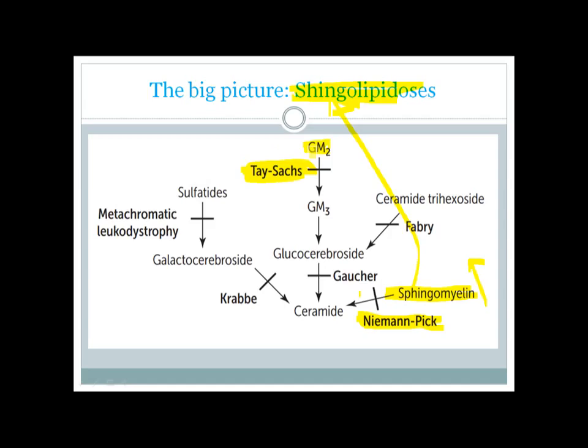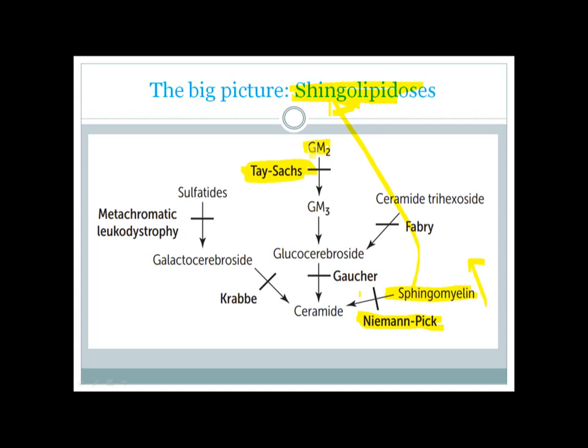Poor vision meaning a red spot in macula, which is found in Tay-Sachs disease and also in Niemann-Pick disease. But despite having poor vision, one night he goes out with his car and drives like crazy, and on the way, he had an accident.